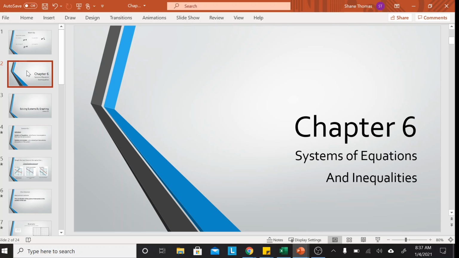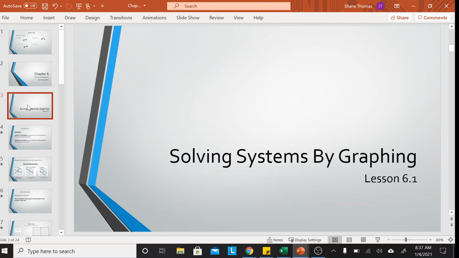First one we're going to do is solving systems by graphing. If you want to find two variables, you need two equations. Two variables, you have to have two equations. Otherwise, you just kind of guess and check.